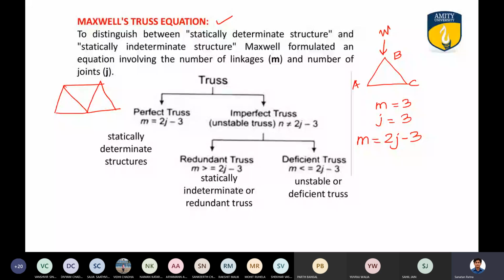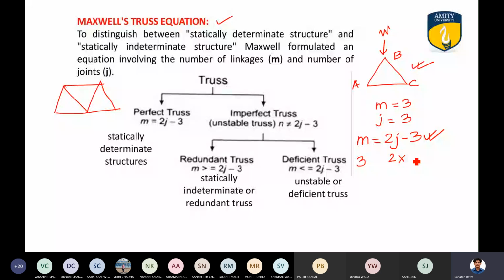Now let us use this equation in this truss. How many members are there? 3. How many joints are there? 3. So if I use 2 into 3 minus 3, what do I get on this side?